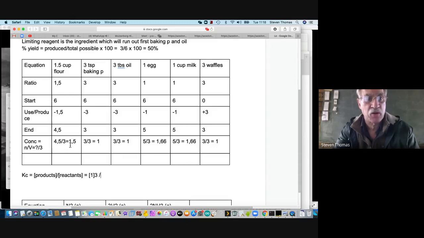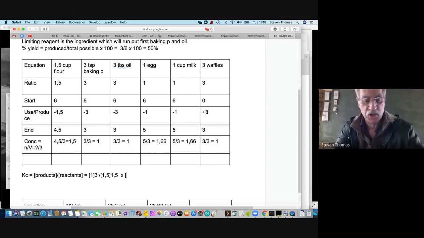Okay, so let's start with the flour. What was the flour's concentration? 1.5, raised to the power of 1.5. Times, what's the concentration of baking powder? 1.